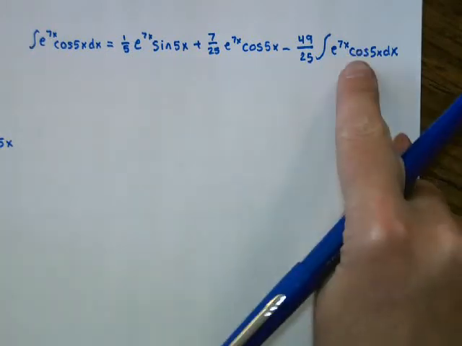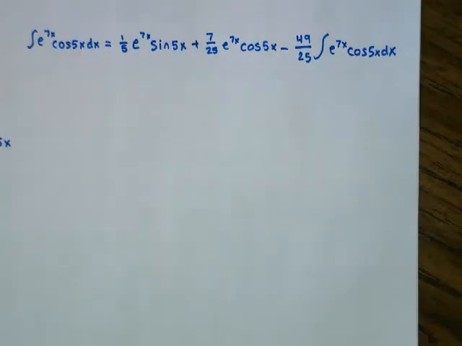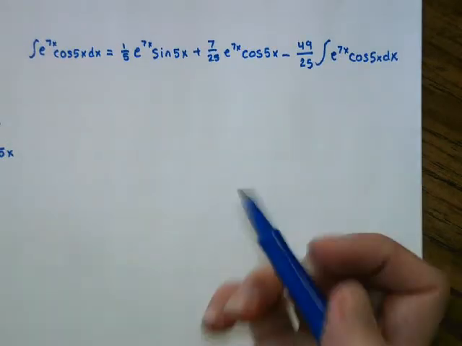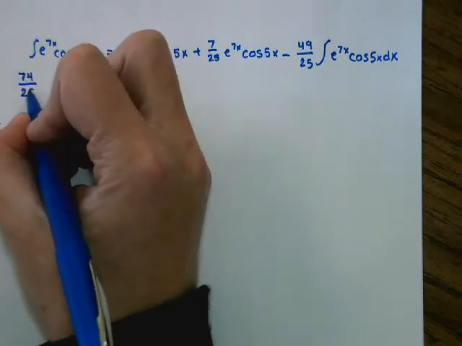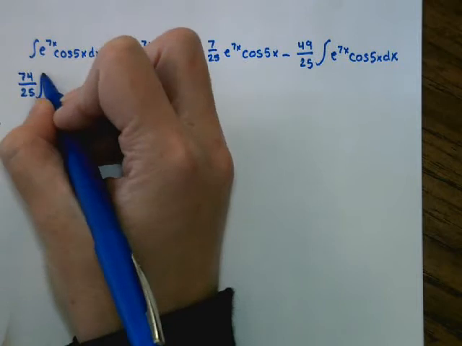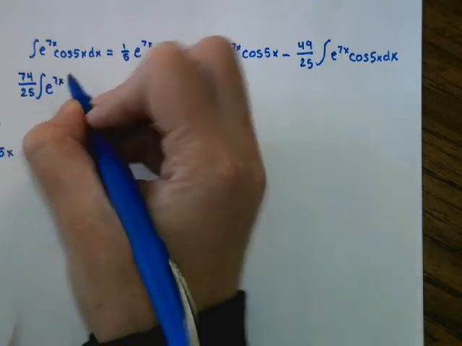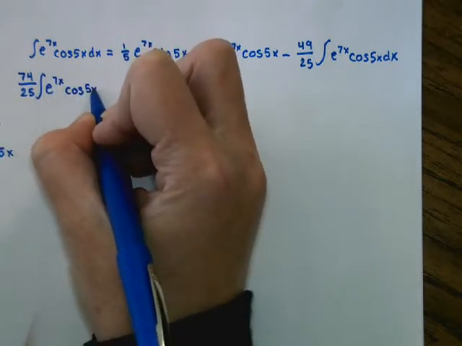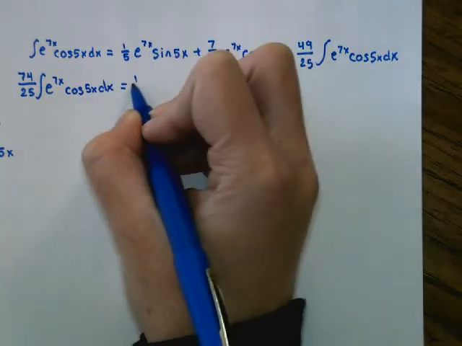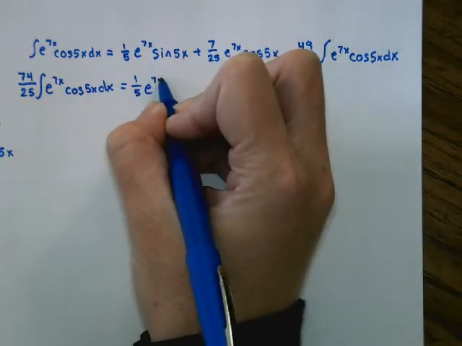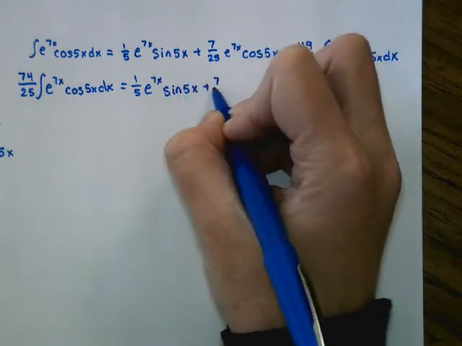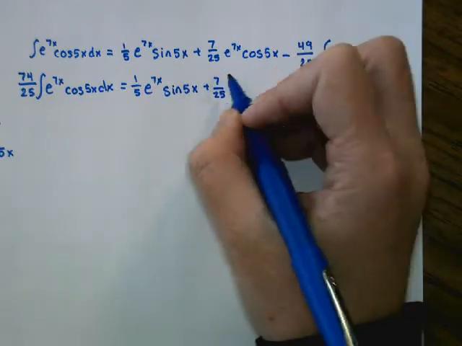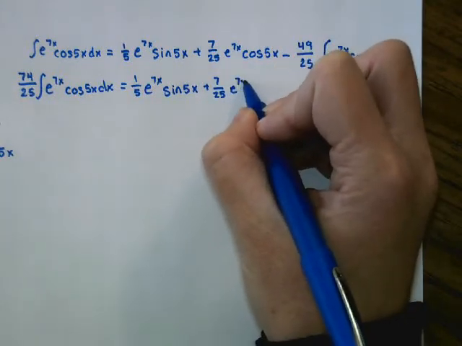Okay, so I'm going to take this and add this over. So I'm adding 49/25. So that's going to be 49/25 plus 25/25, which gives me 74/25 of the integral e to the 7x cosine 5x. Just copying everything straight down.